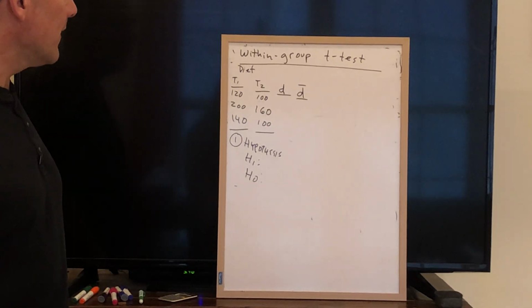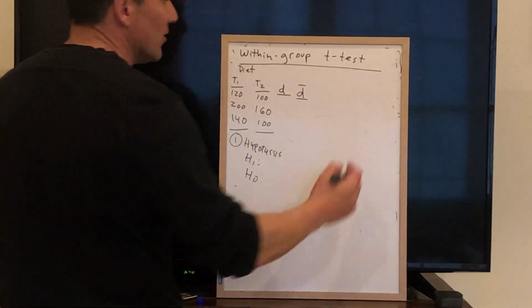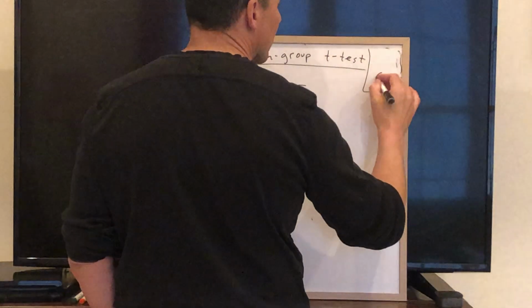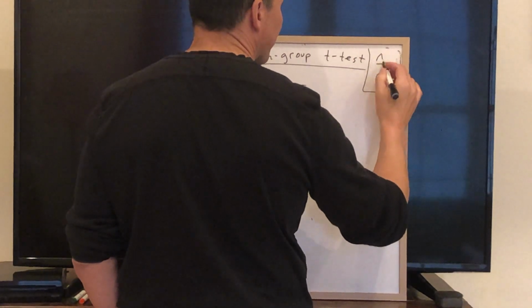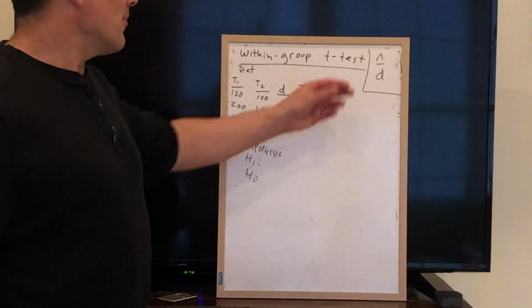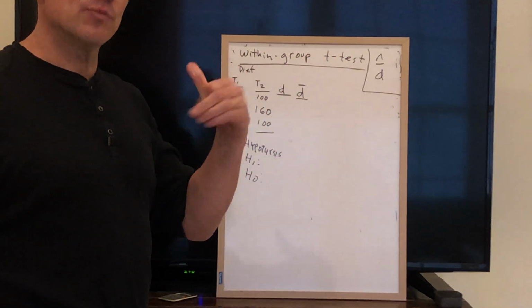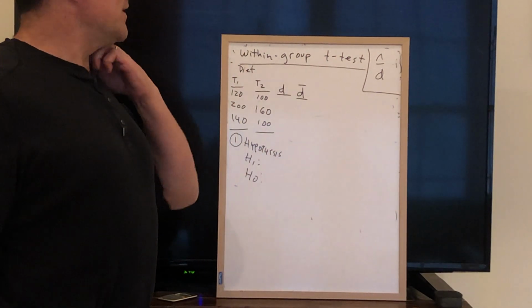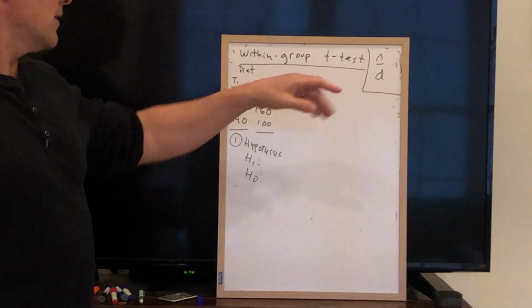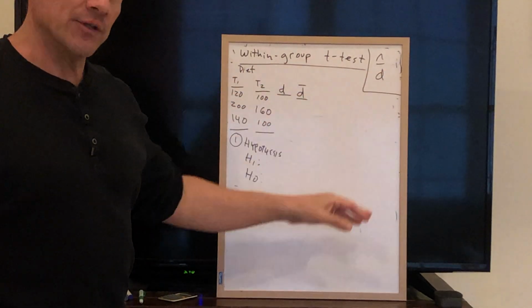Now, as a little bit of a sidebar, but it's pretty important, I'm going to introduce you to something called D bar cap. D bar cap, remember cap statistically means predicted. So D bar cap means the predicted average difference.